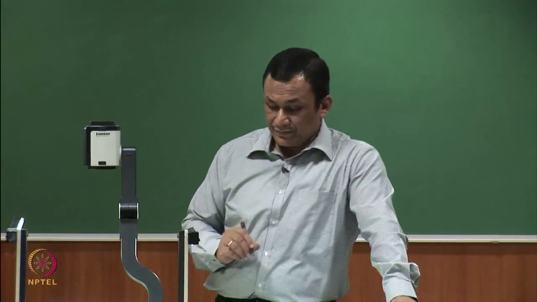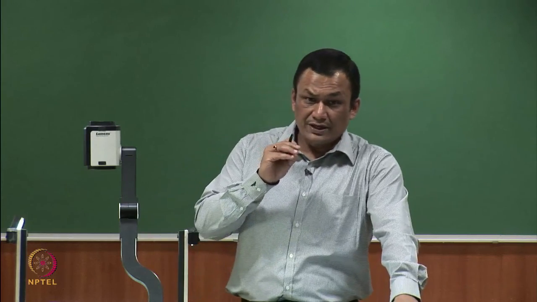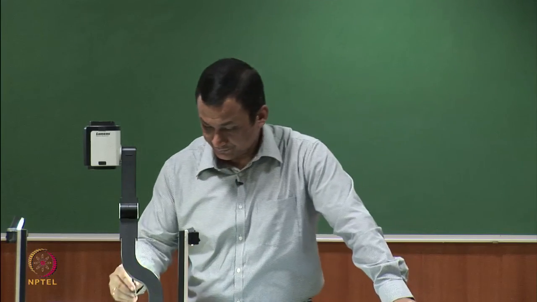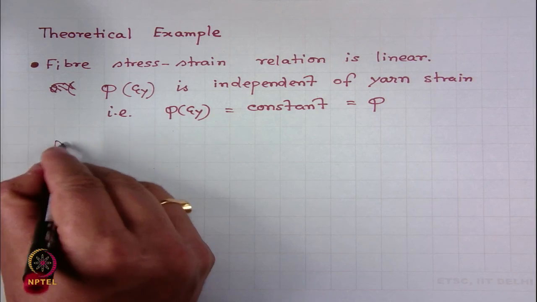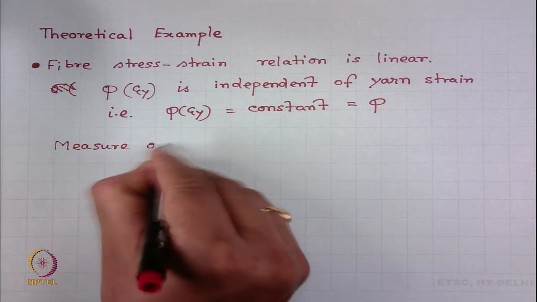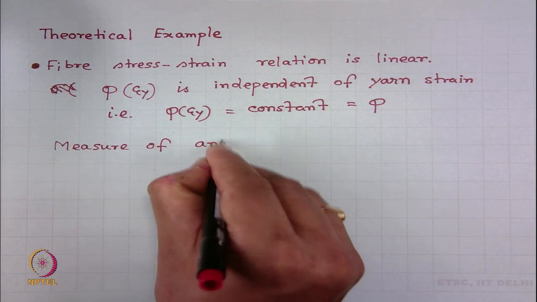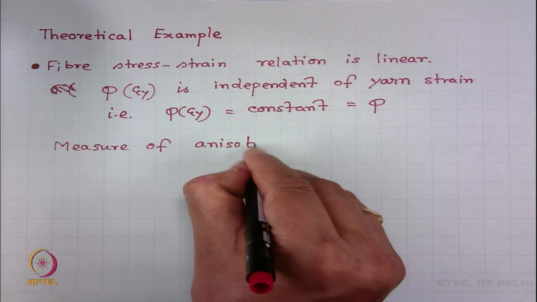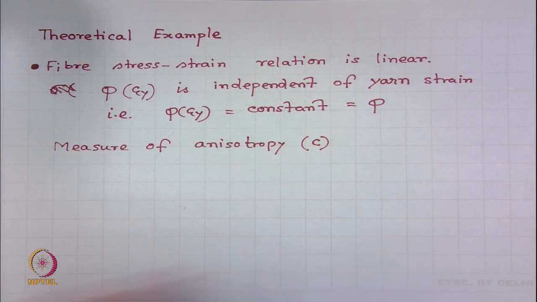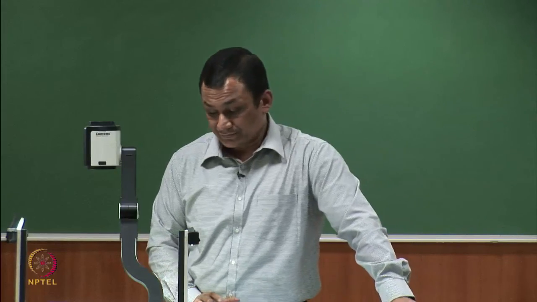So, that means the dominant influence now will come from C, measure of anisotropy. This C will now be the key factor which will make it different from Gegoff's theory.